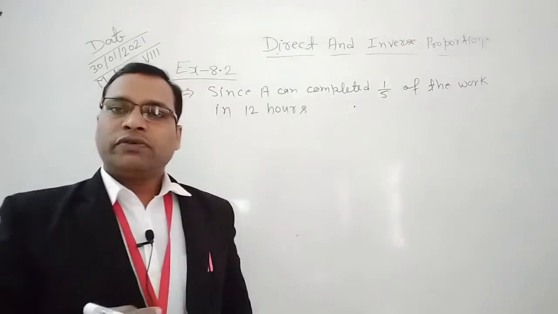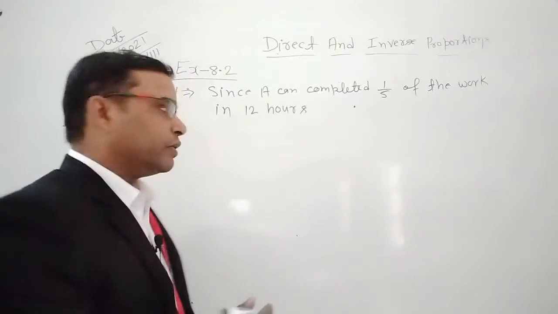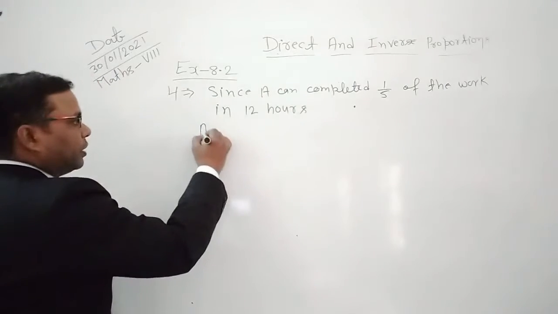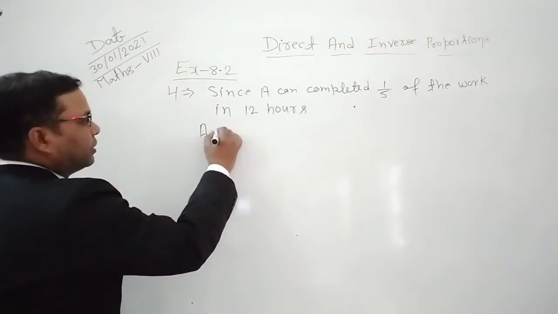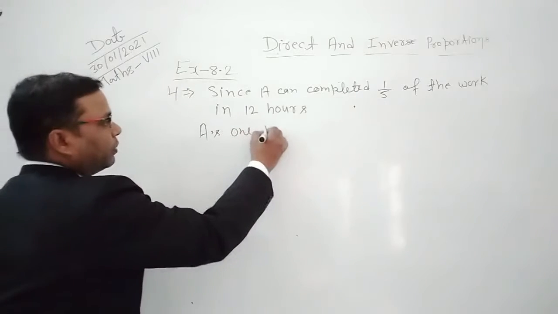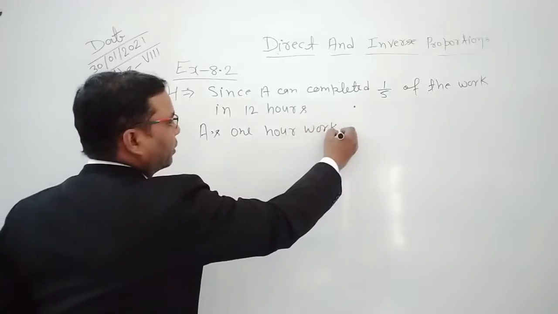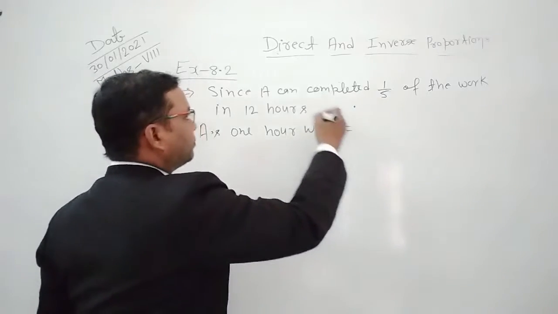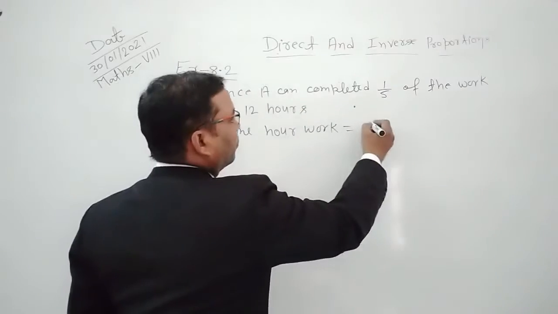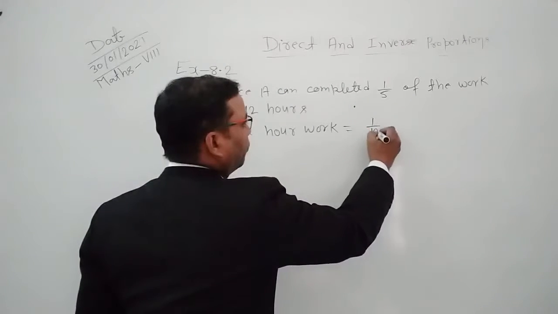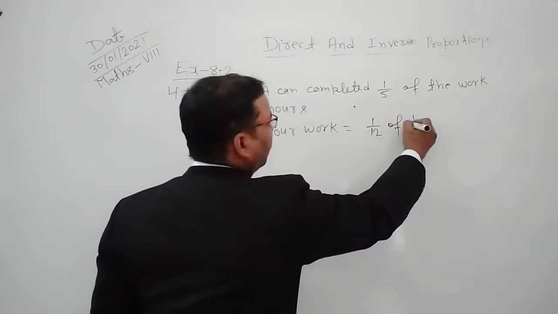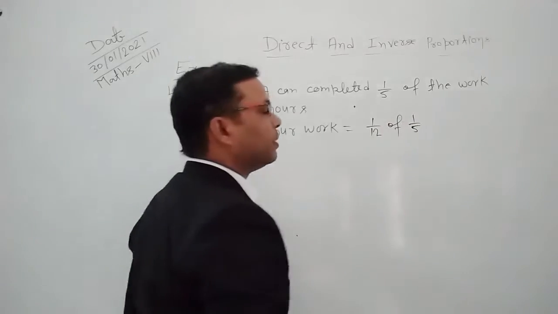Okay, so here we write A's 1 hour work is equal to 1 by 12 into 1 by 5. Clear?